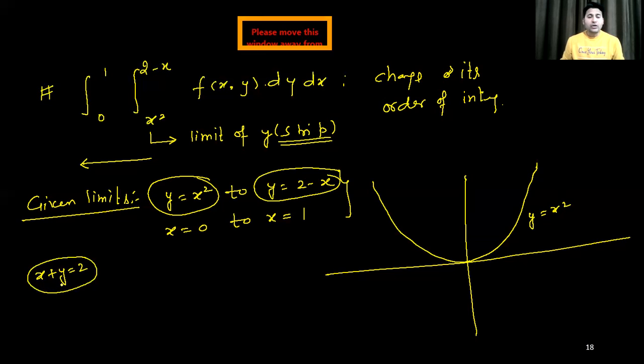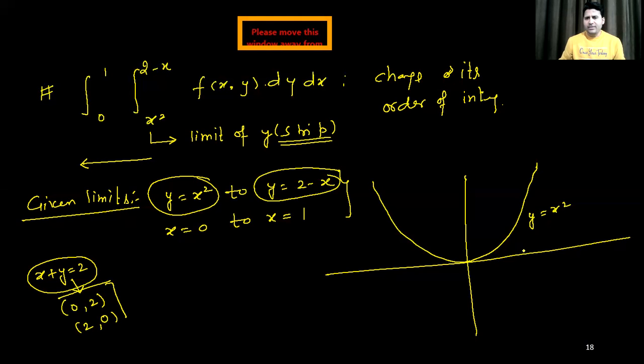I hope you know how to draw a line. To draw a line we need 2 points. Firstly, putting x equal to 0, y is 2. If I put y equal to 0, x is 2. If I join these 2 points, I obtain the line x plus y equal to 2.